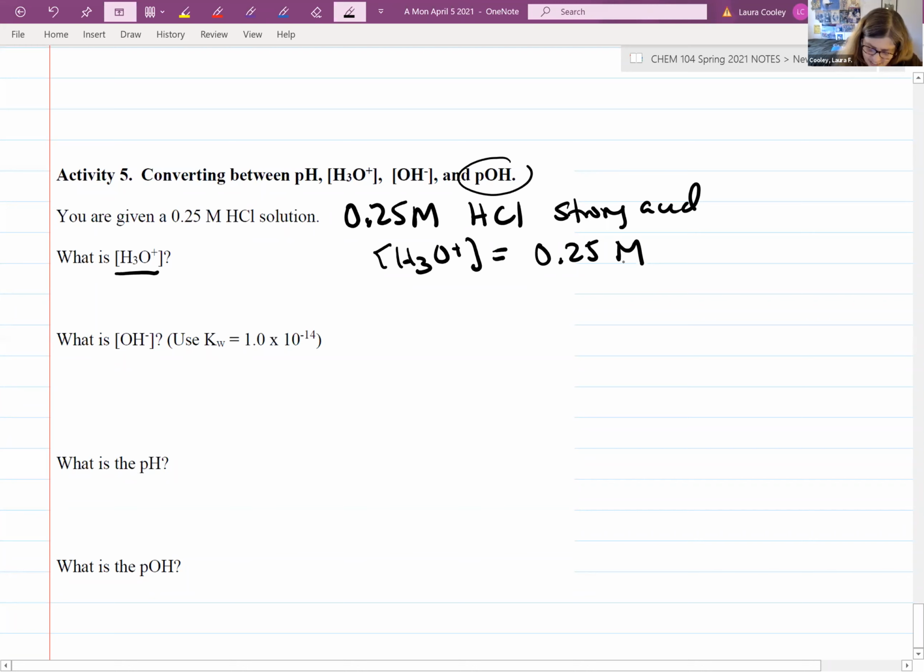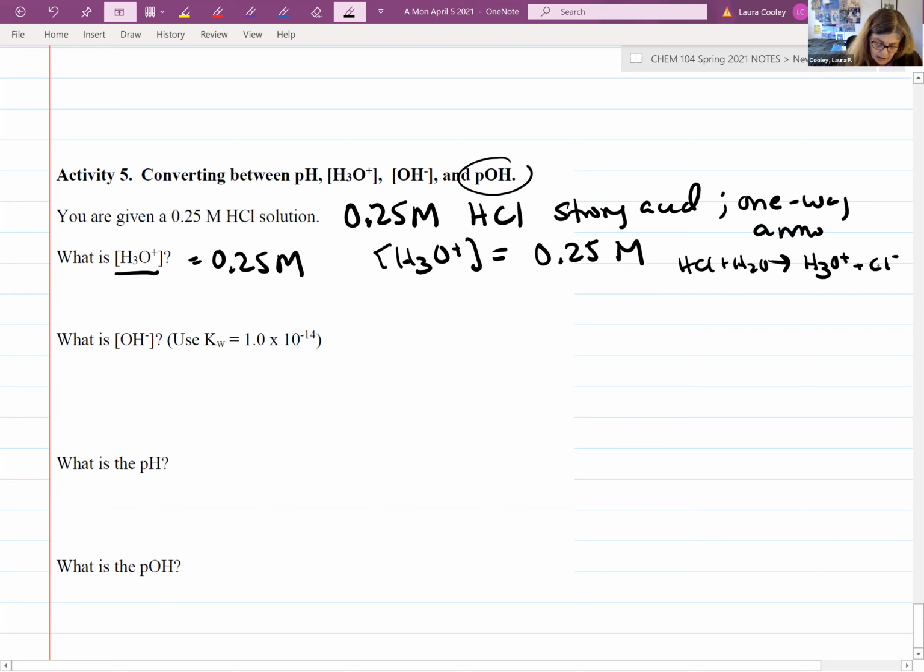All right. So that's what it is. We know this because it's a strong acid, a one-way arrow. HCl goes basically completely to H3O plus, and that's it. All right, so what is the OH minus concentration? Well, it's Kw over that H3O plus concentration.